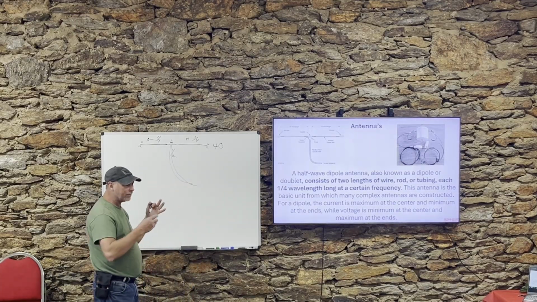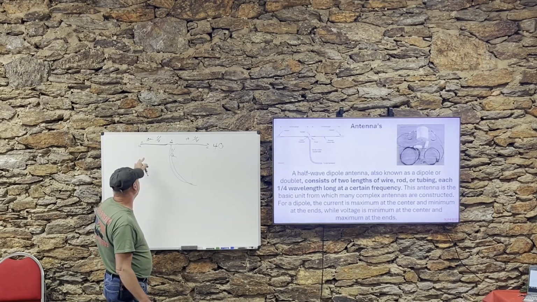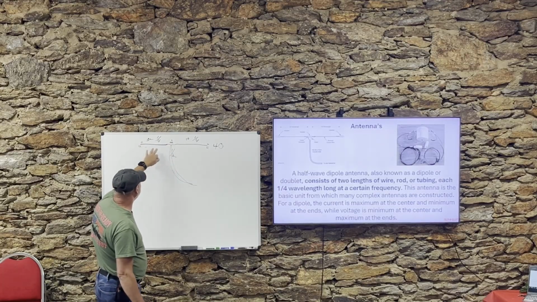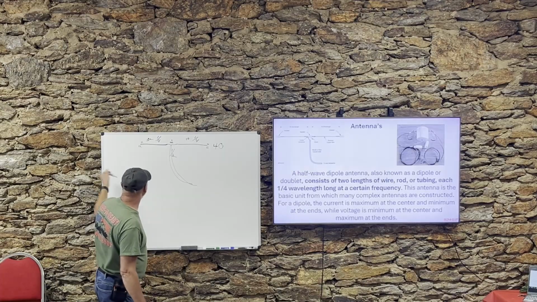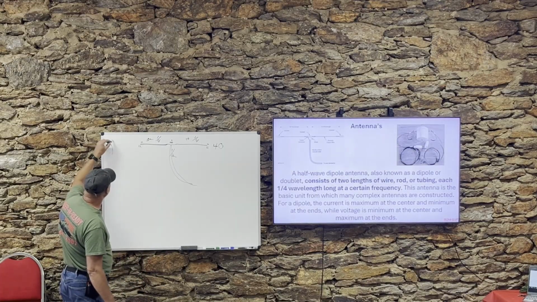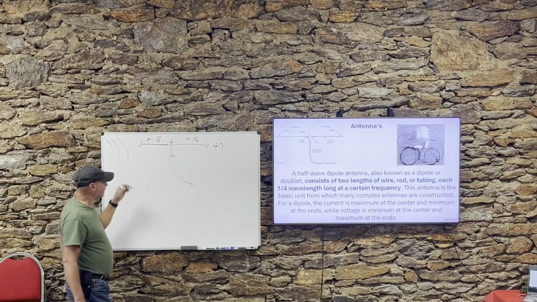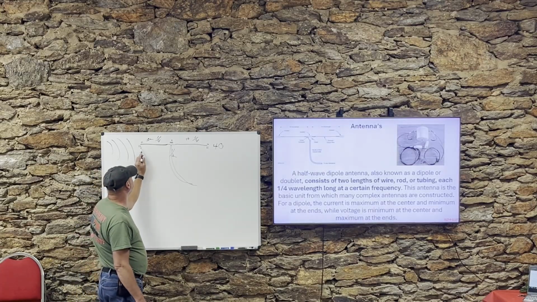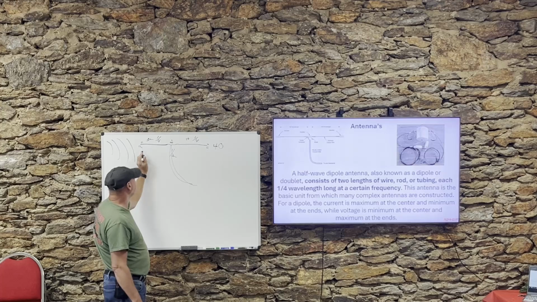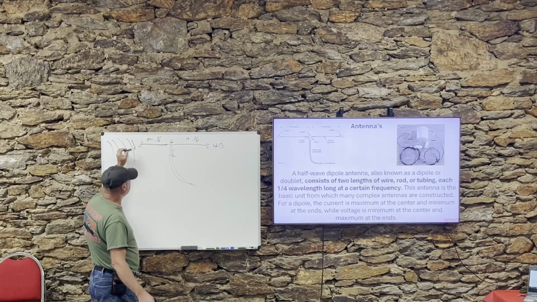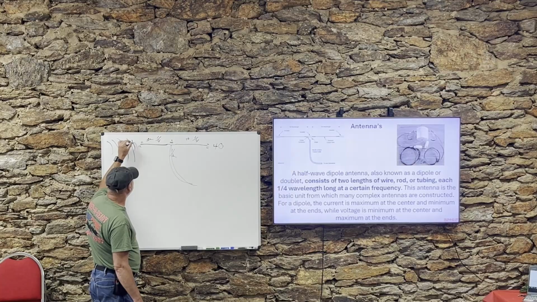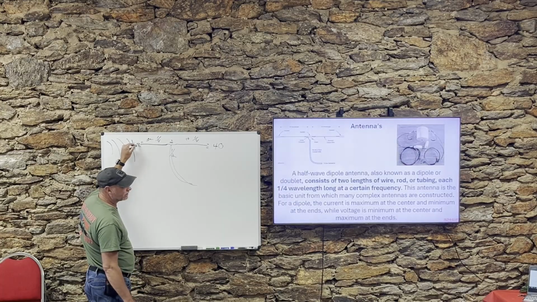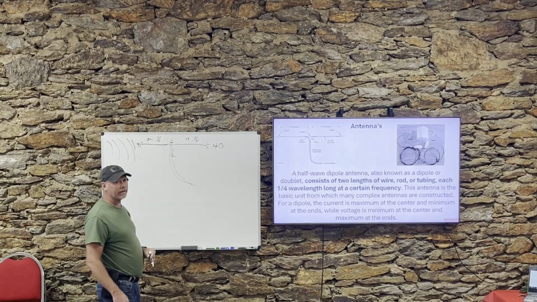Kind of keeping up here? It's a little complicated stuff, but I'm trying not to confuse you too much. So when you build your antenna like this, your current is going to decrease, but your voltage is going to increase. So what does that mean? If you've got a radio wave coming in and hitting this antenna, and it's a real weak signal, maybe 1 volt worth of power coming in, this is where the beauty is: since your voltage is higher here, this 12 volts can capture that and carry it down a whole lot easier.